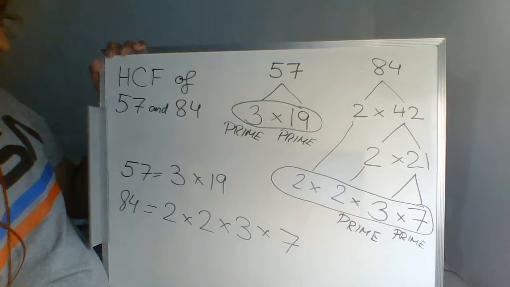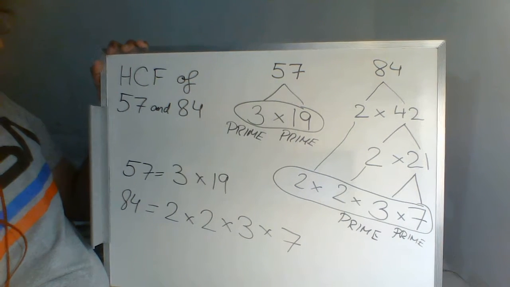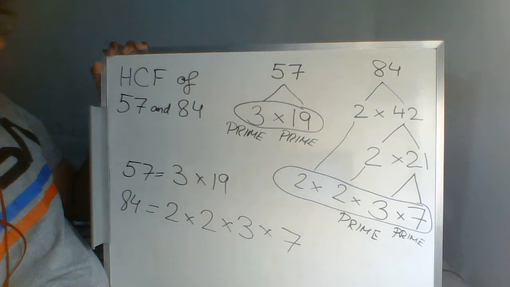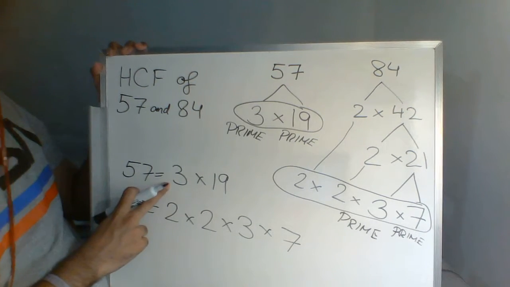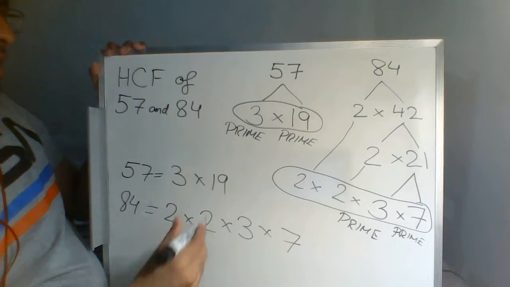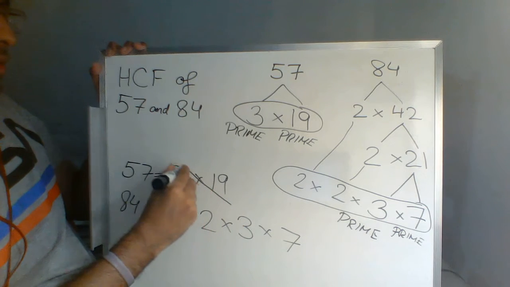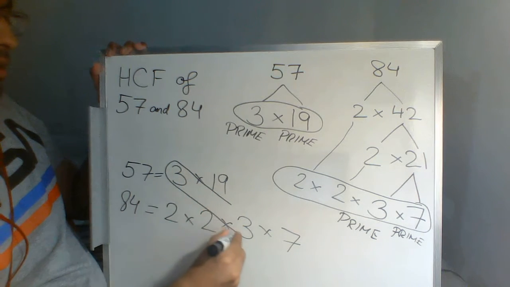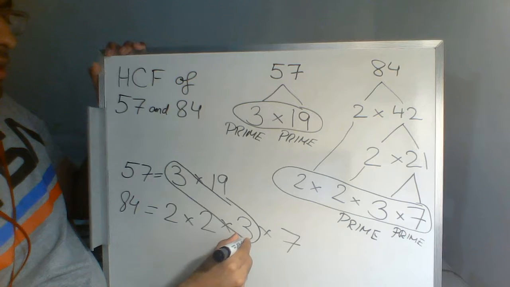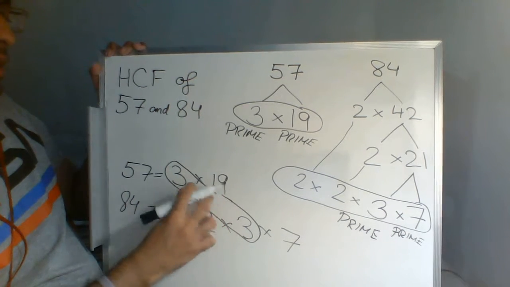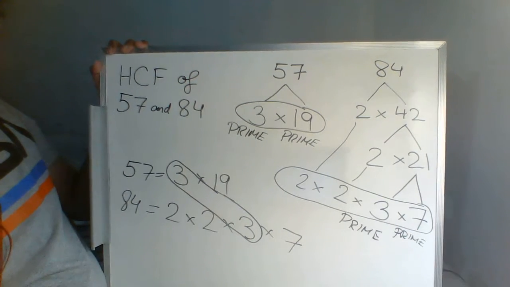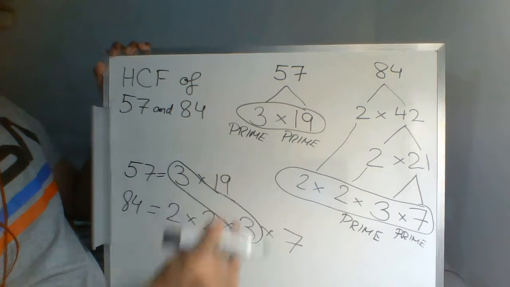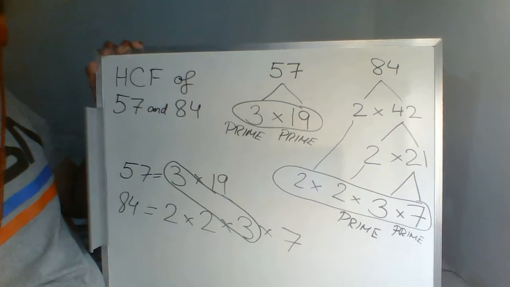And so now we just want to go through and find, are there any numbers that exist in the top line and in the bottom line? We get that only one exists here, right? We've only got the 3 that's common between these two lines. So we ignore the 2's, we ignore the 7, we ignore the 19, because none of them are common factors.